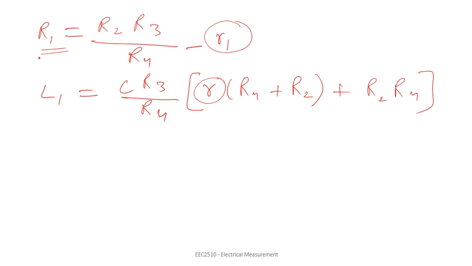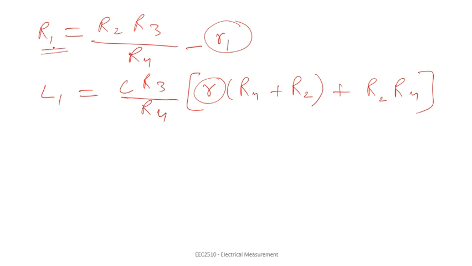Okay, so this is actually an advantage of Anderson's bridge, especially when we have to measure the inductance of low Q coils. Because in the case of Maxwell's bridge we had seen that for low Q factor coils there is a problem of sliding balance, which we discussed. So that problem is eliminated in Anderson's bridge for low Q coils.